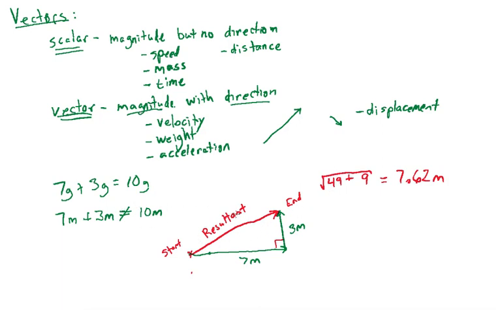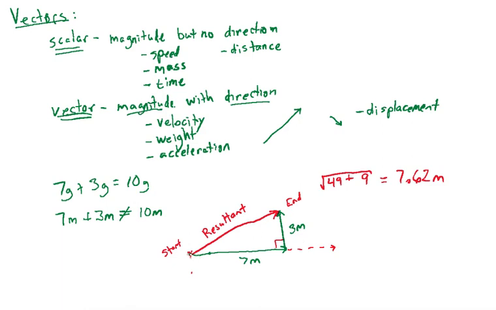The only way it would be 10 meters away is if this 3 meters had been in a straight line continuing on the end of that 7 meters. If it had come out this way and been the 3 meters here, then we'd be 10 meters away from where we started, and it would look like it added like the scalar. But it didn't.